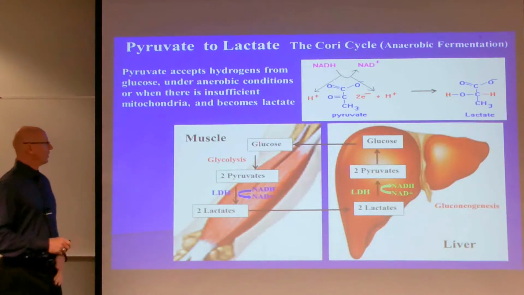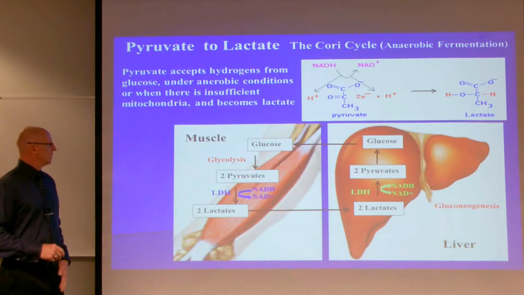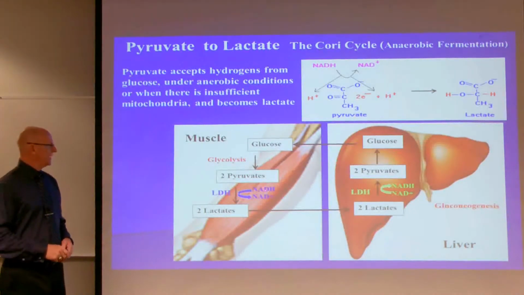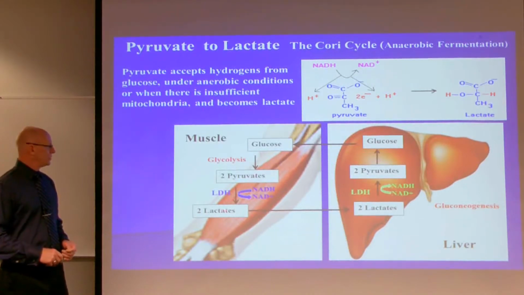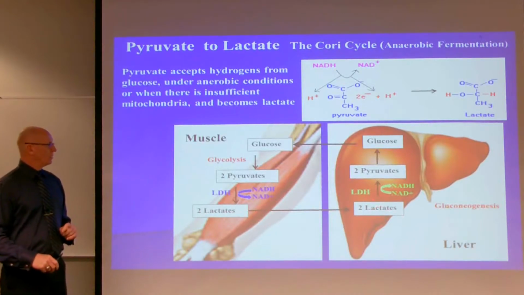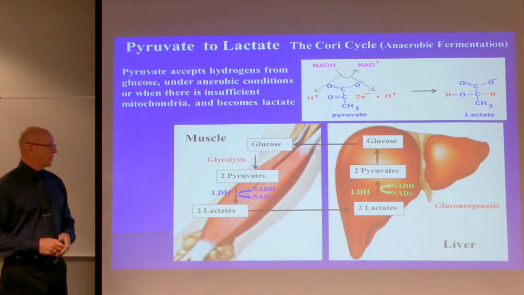So the glucose will go through glycolysis to pyruvate, but you won't have the oxygen. So it will go through the lactate dehydrogenase complex, and then NADH will be oxidized, and the pyruvate will be reduced, becoming lactate. And then that's in the muscle. And then this will go to the liver, and those lactates, again, will be converted by the lactate dehydrogenase complex.